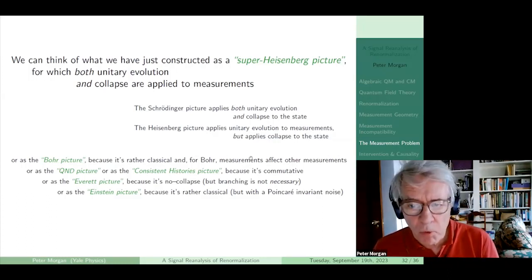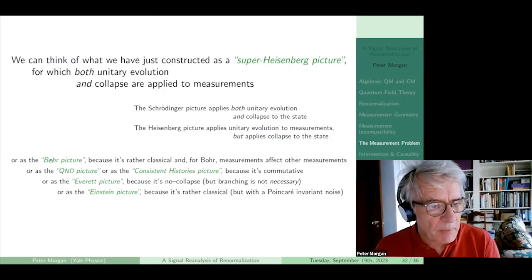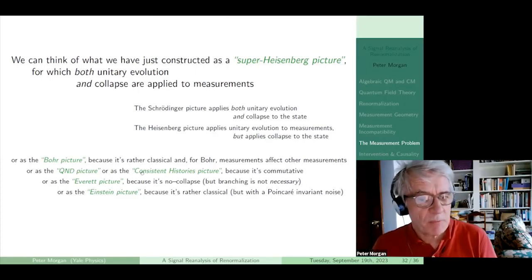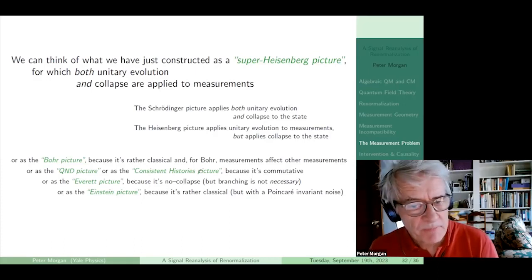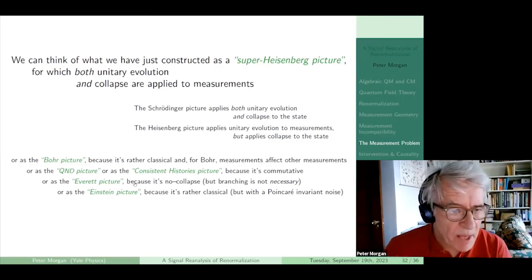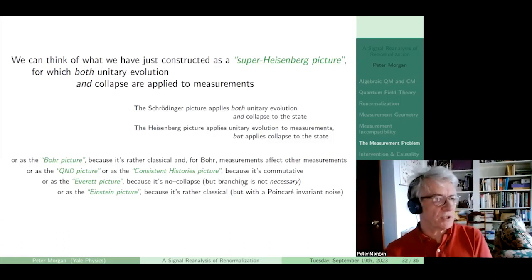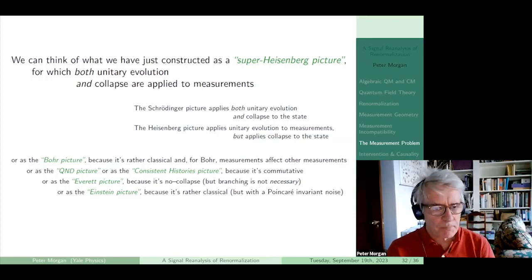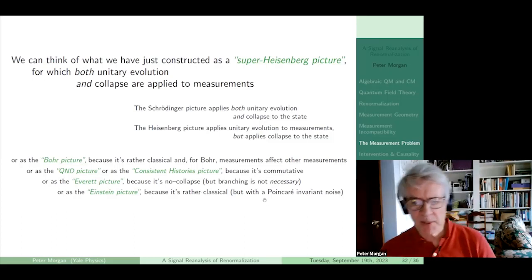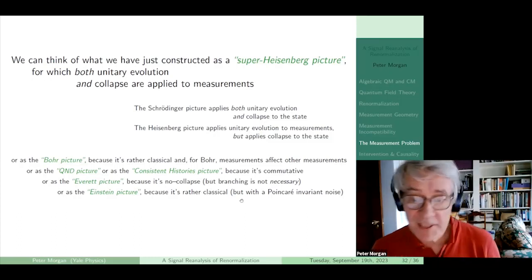This is something that you find all through his writings. Then we could call this the Bohr picture. But if we focus on the commutativity in particular, we can call this the quantum non-demolition picture, or indeed we can call it the consistent histories picture. If we focus on the no collapse aspect of this, which I'm going to talk about in the next slide, then we have something we could call the Everett picture, except branching in this construction is not something that's necessary. We want to have it optionally. Or even we could call it the Einstein picture because it's rather classical, provided he's willing to accept the idea of a Poincare invariant noise. Who knows?